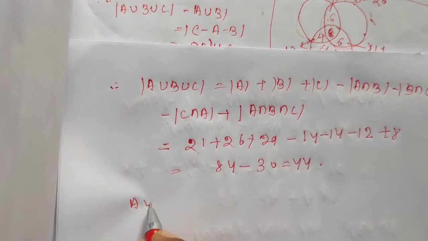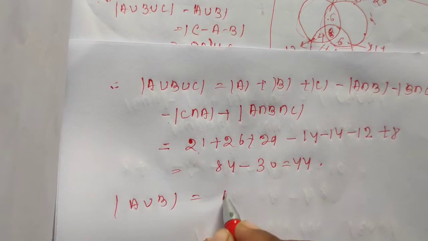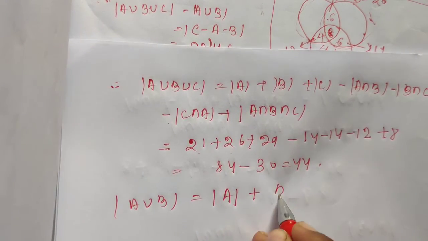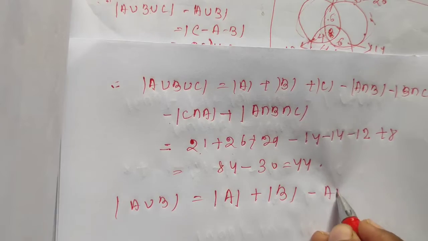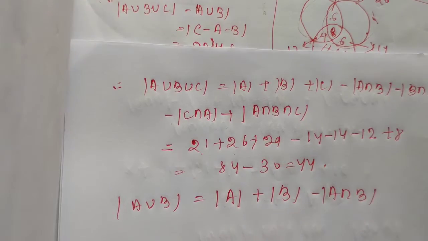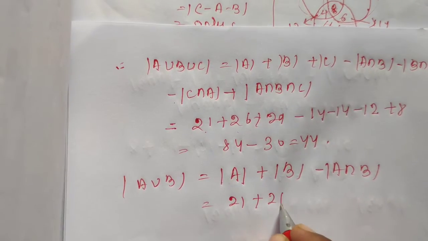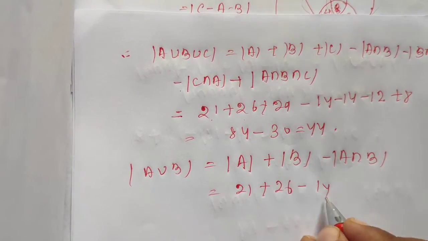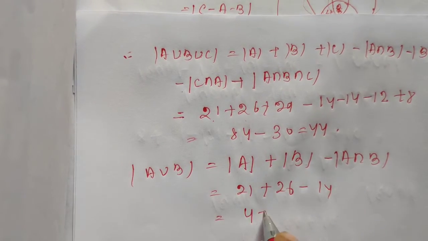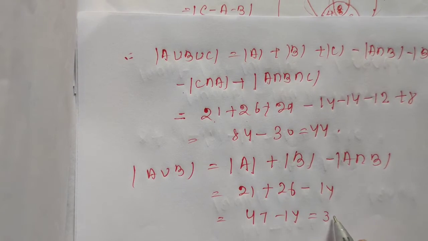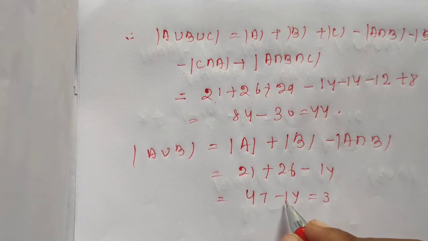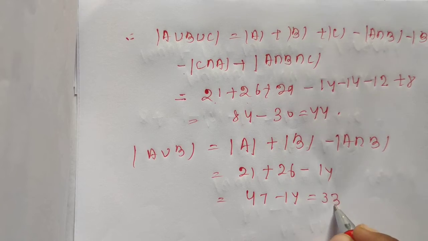And |A union B| is equal to |A| plus |B| minus |A intersection B|, that is 21 plus 26 minus 14, which is 47 minus 14 is equal to 33.